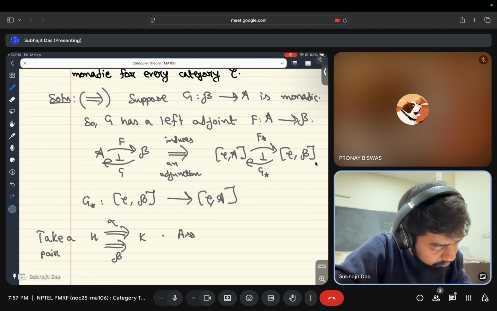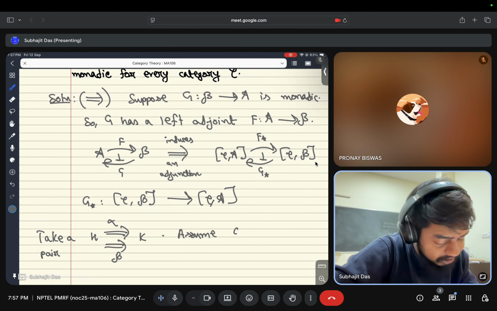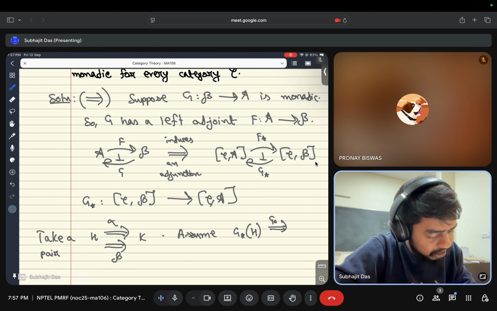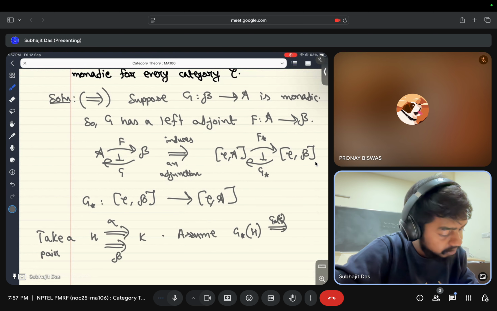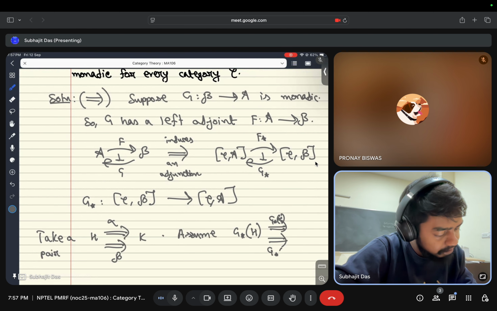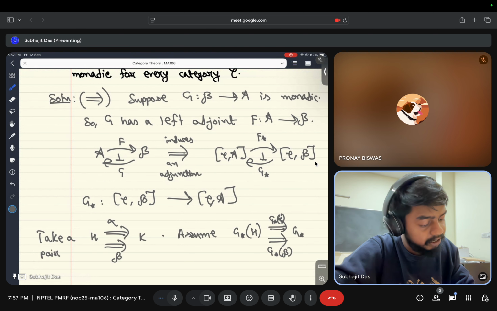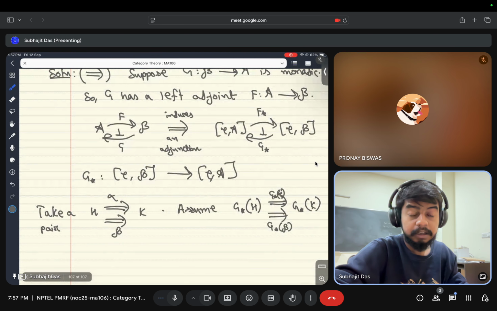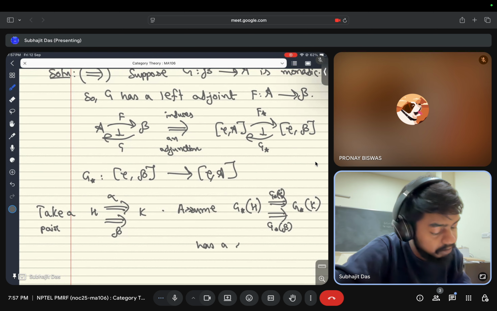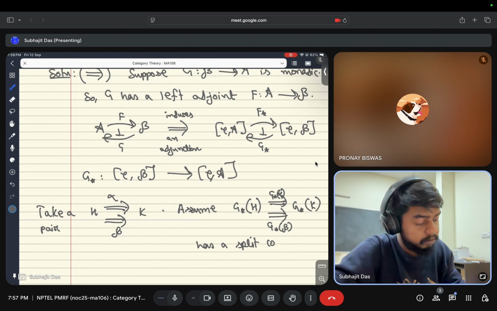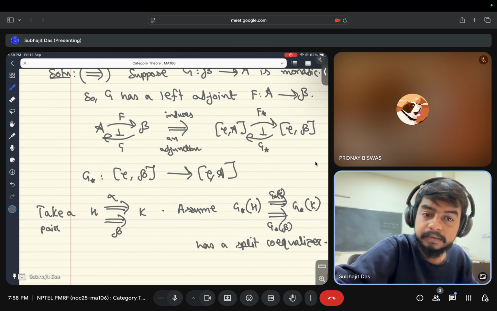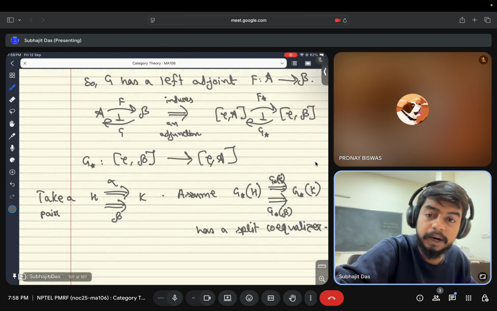Assume G star of H, G star of alpha, G star of beta, G star of K has a split co-equalizer. Now what?